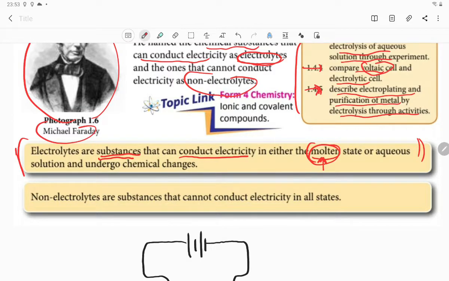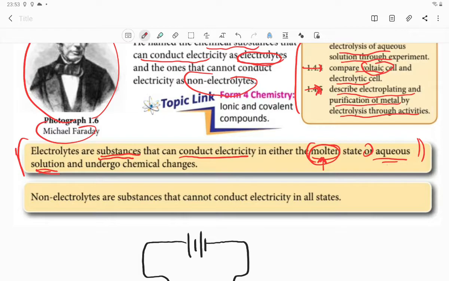That is a melting process. Undergoes melting process, you have molten substances. Or aqueous solution. Okay, aqueous solution is a homogeneous mixture between solute and solvent. The solute is the substance that dissolves in the solvent.